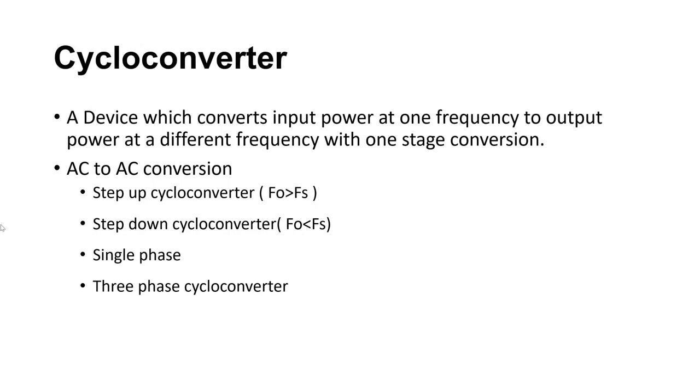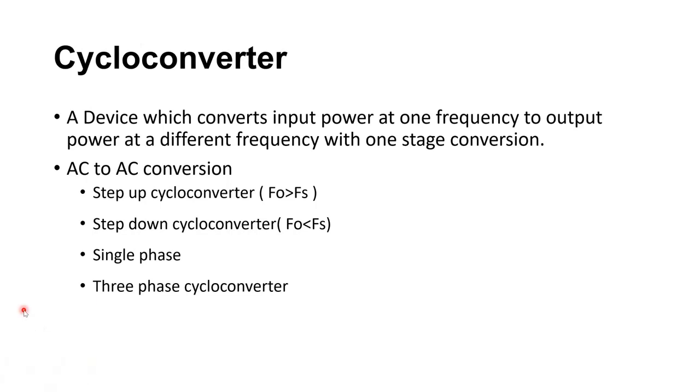It can be a step up Cyclo Converter, or a step down Cyclo Converter. Where the output frequency, F out, is higher than the source frequency, Fs, that is called the step up Cyclo Converter.